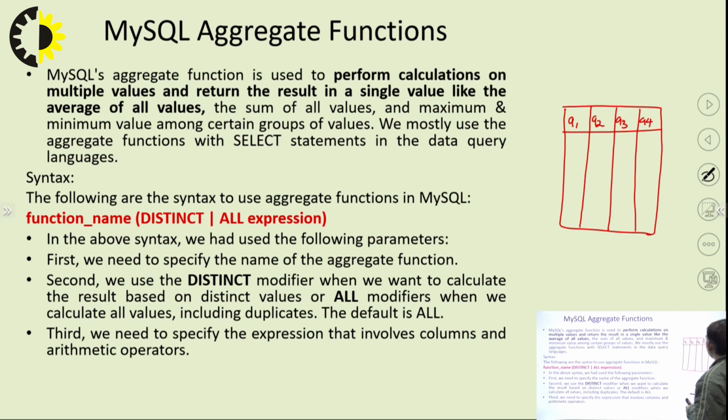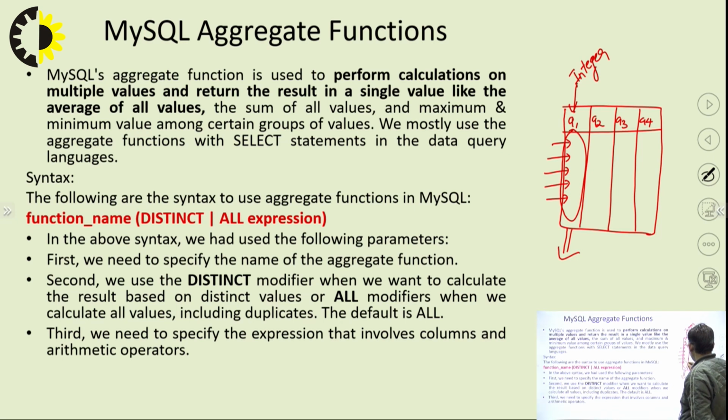Let's suppose the type of A1 is integer, and the user wants to add all the data inserted here, row 1, row 2, row 3, row 4, row 5. It is the requirement of the user. He wants to add the values of all the attribute A1.